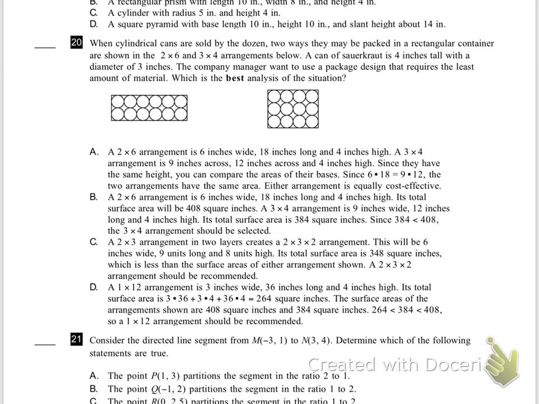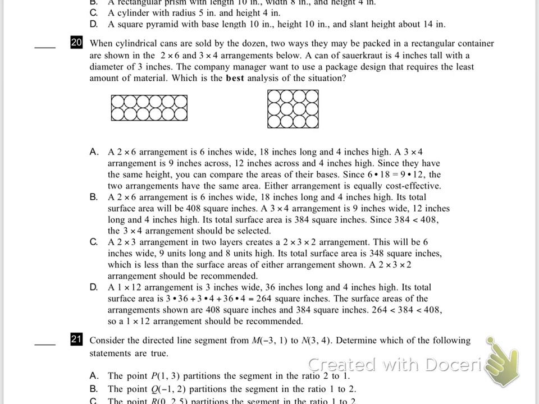Okay. So, looking at these two arrangements, we know that both of them are going to be one layer thick. We're not stacking any cans on top of them.